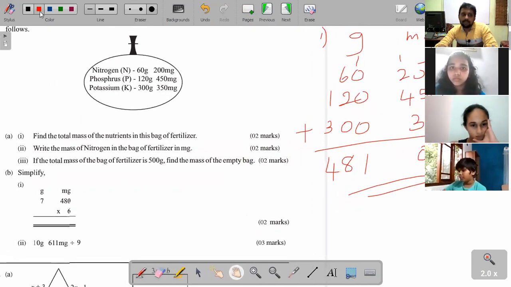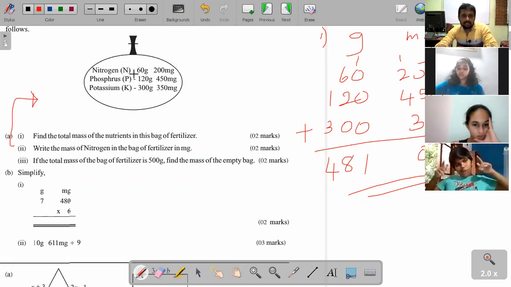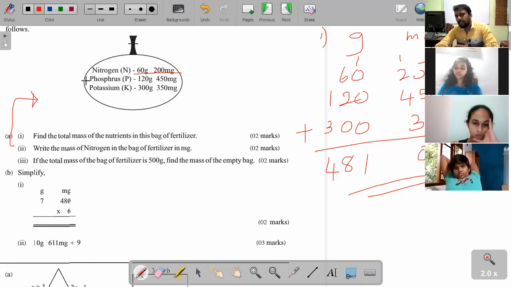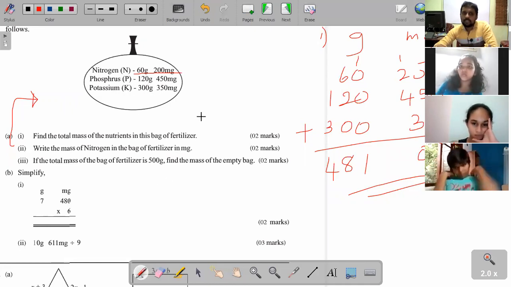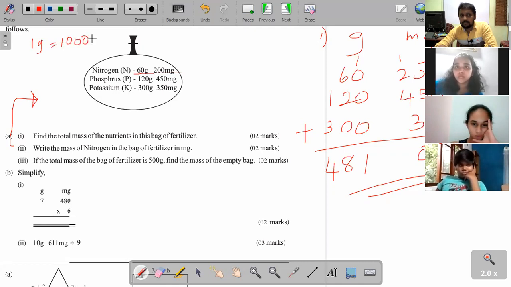Right? Then the second part, look at. Write the mass of nitrogen in the bag of fertilizer in milligrams. Right? Convert that mass into milligrams and write it. What is the milligram value? 60 grams and 200 milligrams. 60 grams means, 1 gram equals 1000 milligrams, so 60 grams means 60 multiplied by 1000.